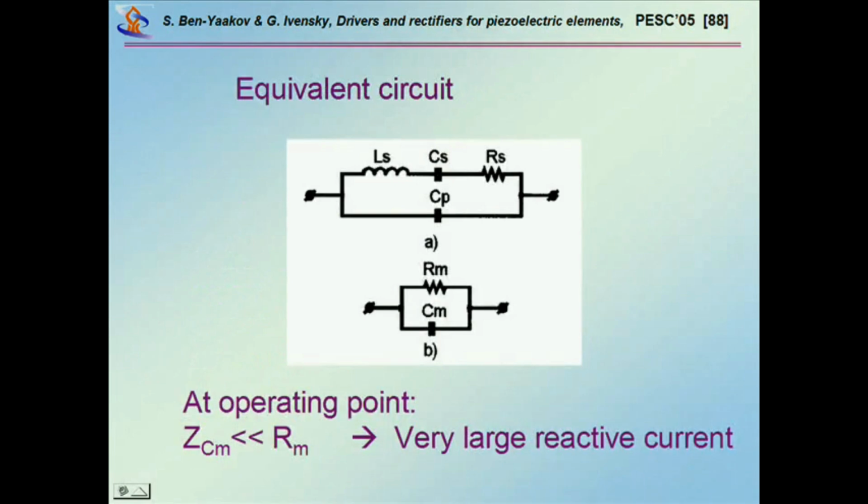Now, as I've already said, the same Mason equivalent circuit is applicable to the motors. Again, around the operating point, it's approximately a capacitor and a resistor. And this you have to drive now with a sinusoidal waveform.